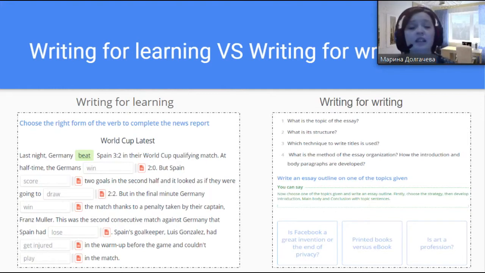What is the essay actually? What is the method of essay organization? How to introduce the paragraphs correctly? Those are the things which are of higher levels of writing, and that's why that makes this type of activity a writing for writing task.